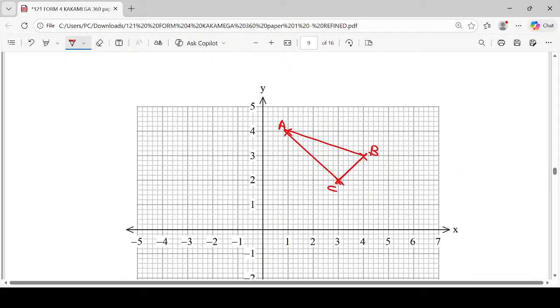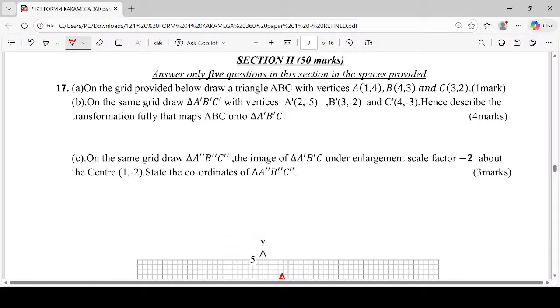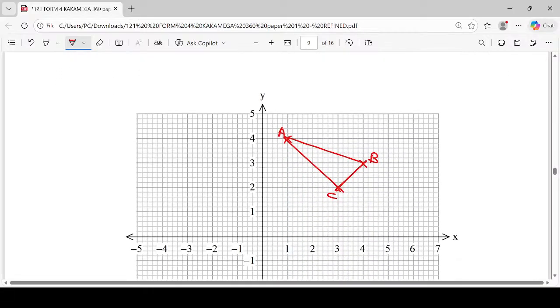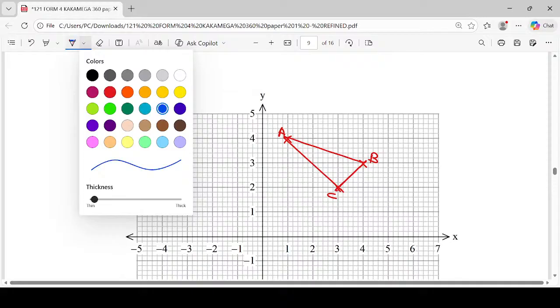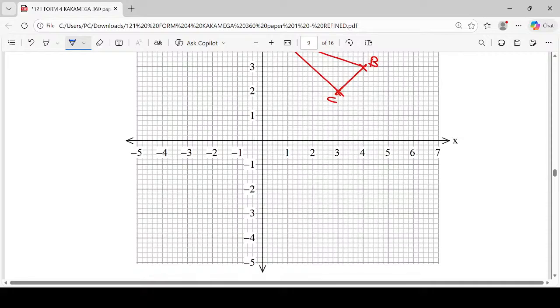After that drawing, the next statement says in part B, on the same grid draw A prime, B prime, C prime, with A prime (2, -5). Let's locate it. Allow me to use a different ink. (2, -5) is here. That is A prime.